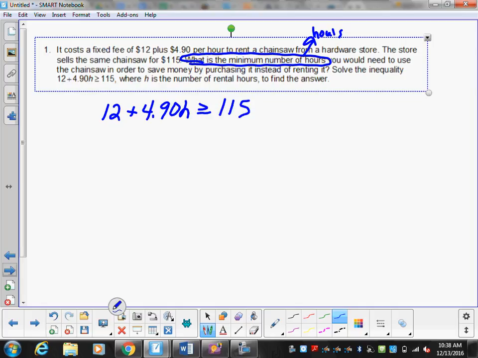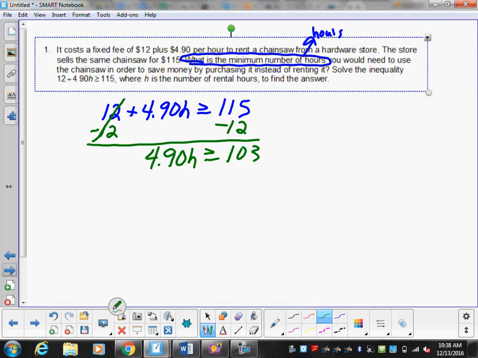So if we're trying to get h by itself, the first thing I want to get rid of is the 12. So I'm going to subtract 12 from both sides. That will cancel out the 12s on the left. And that gives me 4.90h is greater than or equal to 103. Okay.